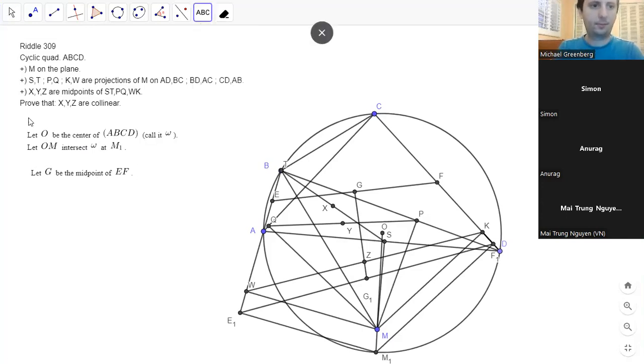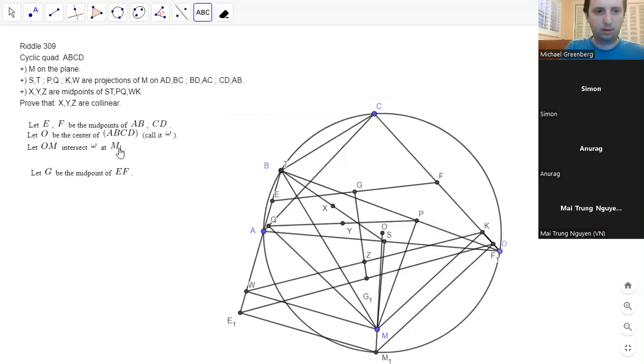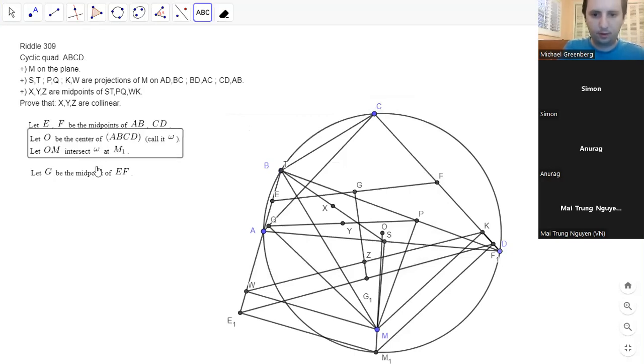Okay. Let E and F be the midpoints of AB and CD. Okay, so we're dropping the perpendiculars: let E1 and F1 be the feet of the perpendiculars from M1 to AB and CD.